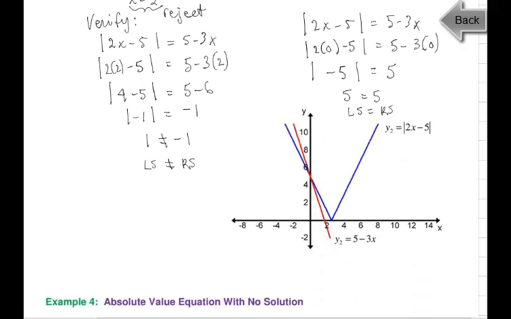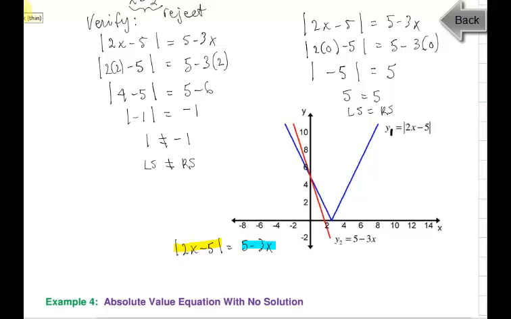Okay, you can also do this on your graphing calculator. If we take a look at our original equation, which is the absolute value of 2x minus 5 equals 5 minus 3x, then we make what is on the left-hand side y1 and everything on the right-hand side y2.